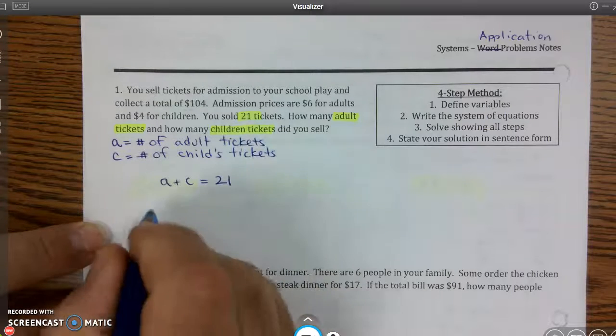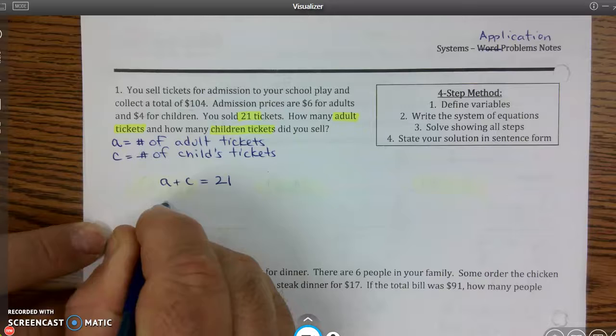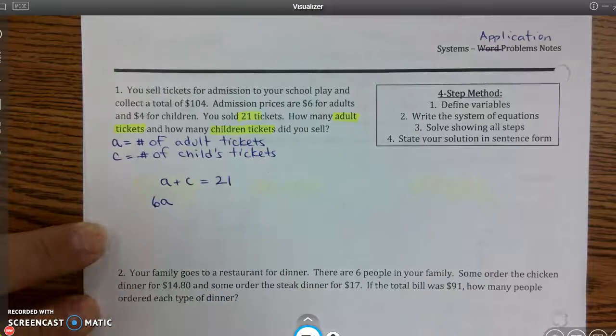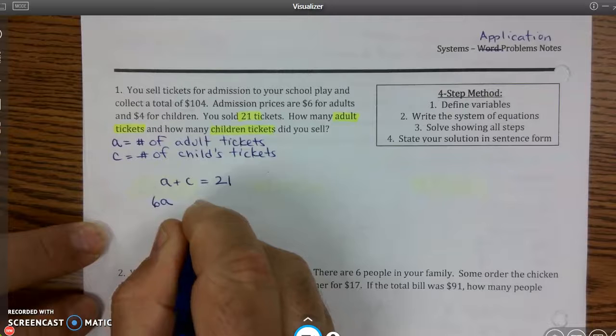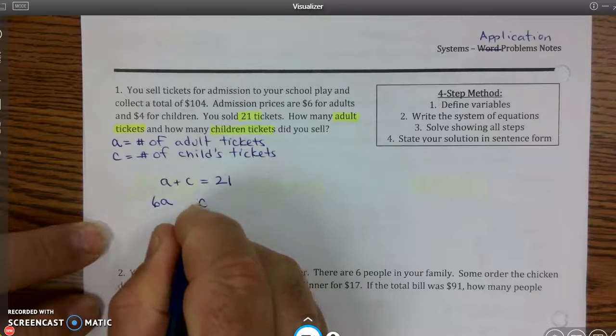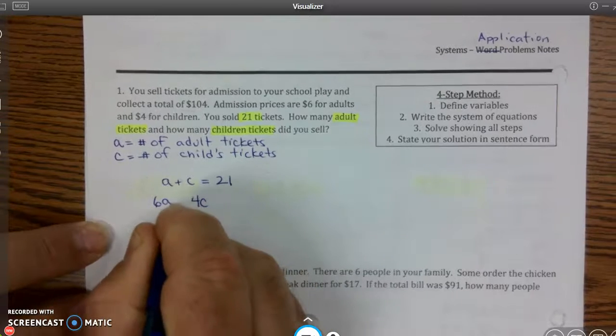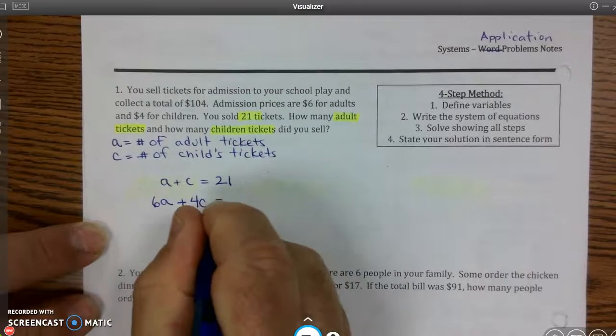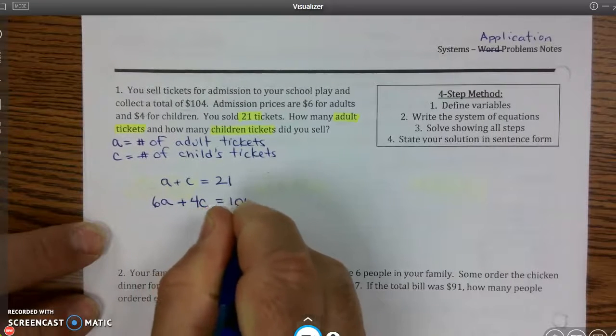But you do know that each adult ticket, which is A, has to be multiplied by $6, and each child ticket has to be multiplied by $4, and if you add up all that money, it should equal $104.